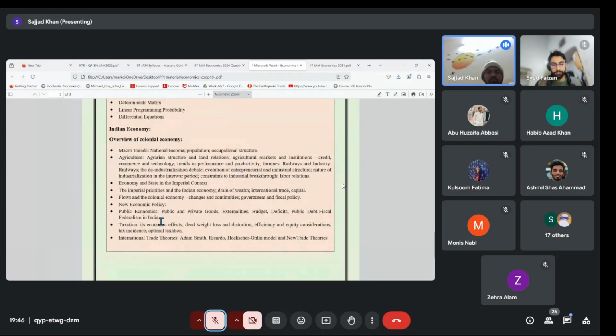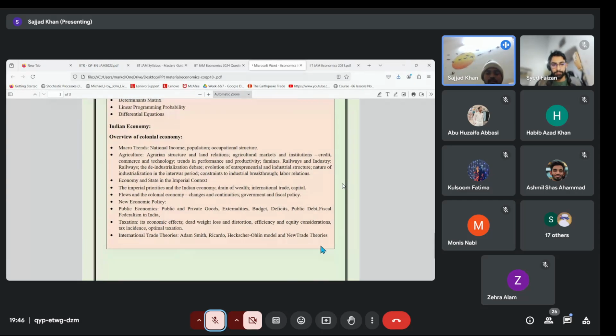In the Indian economy, we can follow the 11th class NCERT for Indian economy, and after that you can refer to Uma Kapila and others.